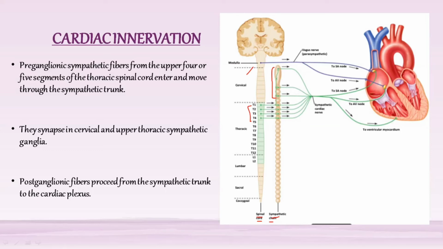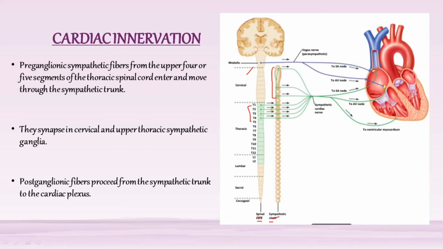Now, what you have to remember is that the preganglionic fibers arise only from upper 4 to 5 segments of the thoracic spinal cord. Look at the picture. No preganglionic fibers arise from the cervical segment. The preganglionic fibers arise only from the thoracic segment.